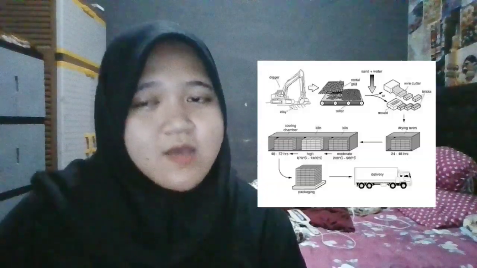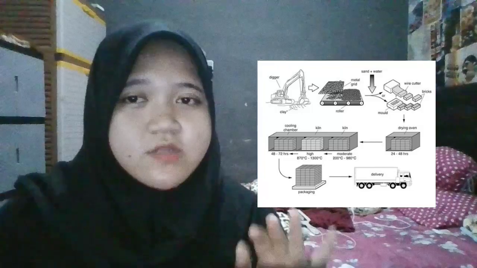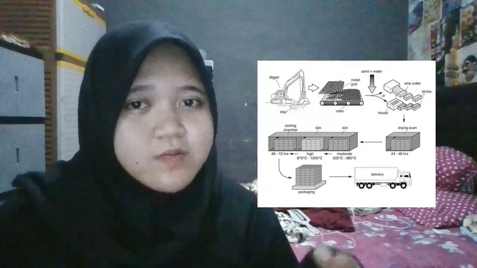And this graphic is about brick production. The illustration above describes the brick production process at PTBB Bricks. In the picture, we can see the production process from clay expansion by heavy equipment to the burning process and finally distribution.